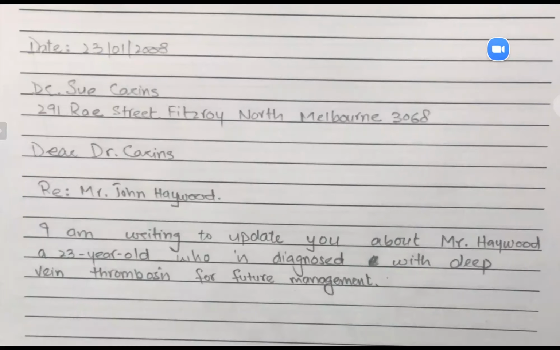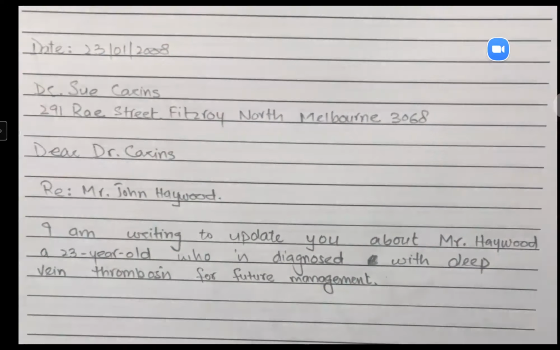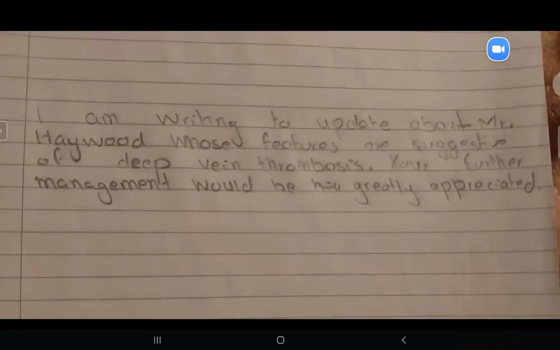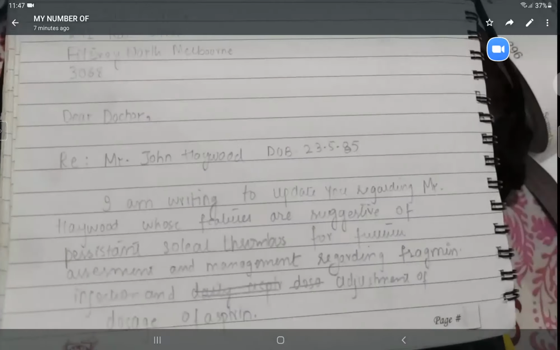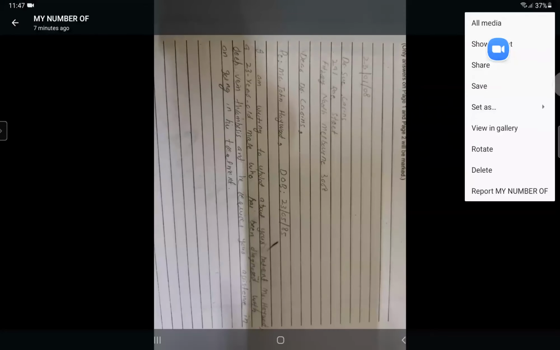Say regarding, that is more formal. All of you almost have done this. Update you about, not about, regarding. Regarding is far better. It's not incorrect, but it's better to say regarding. Is that clear, guys?